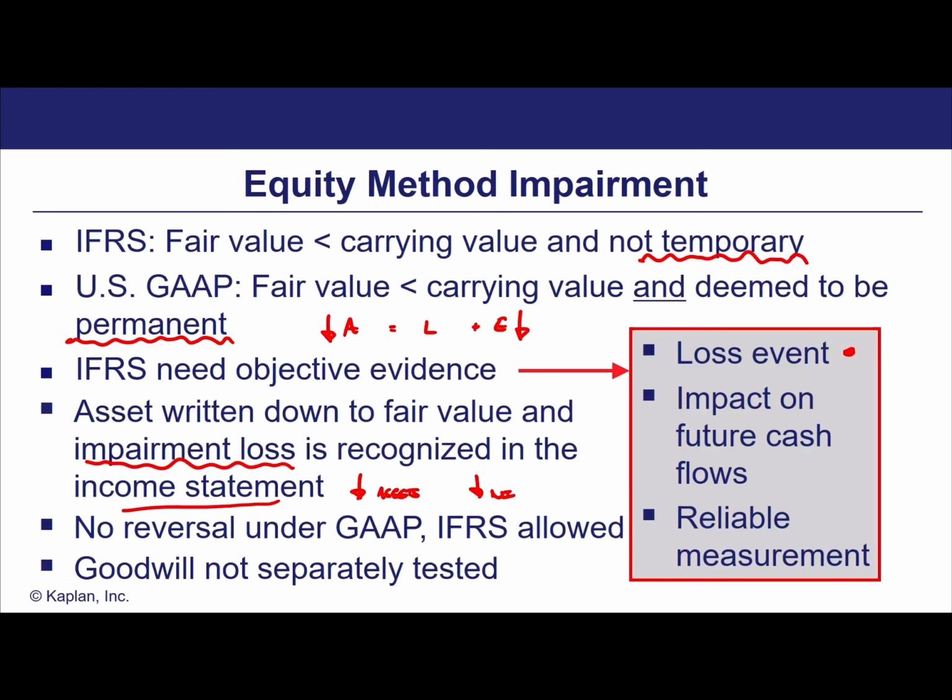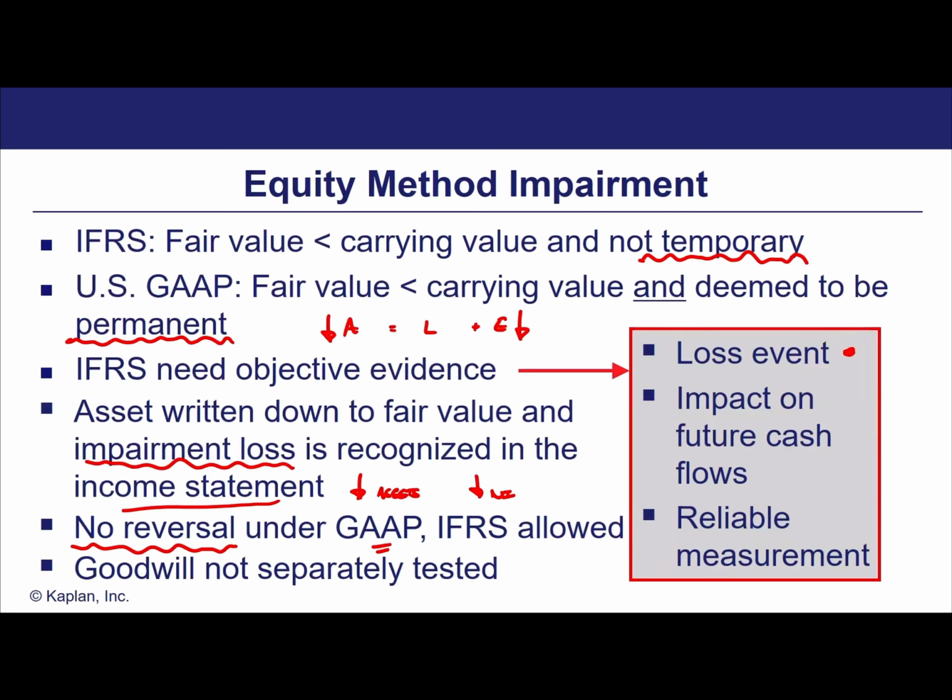Well, notice under US GAAP, no reversal. No reversal under US GAAP. So you cannot essentially report it as income in a subsequent period and increase the value of the asset in the balance sheet. However, under IFRS, we are allowed to reverse the amount of the original impairment. So you can reverse the impairment and increase the asset back up to its original value.